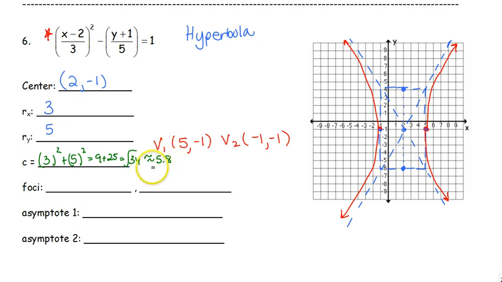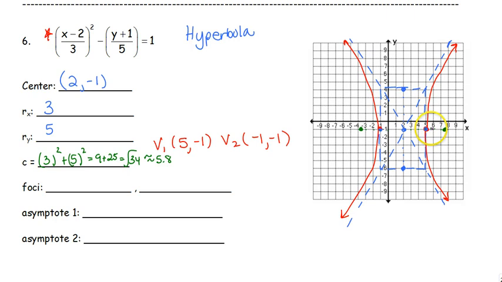The foci are going to go in the same direction as the hyperbola because the foci are inside of the hyperbola, just like the foci are inside of the ellipse, and the focus is inside of the parabola. So starting from the center, I'm going to go right 1, 2, 3, 4, 5.8. From the center, left 1, 2, 3, 4, 5.8.